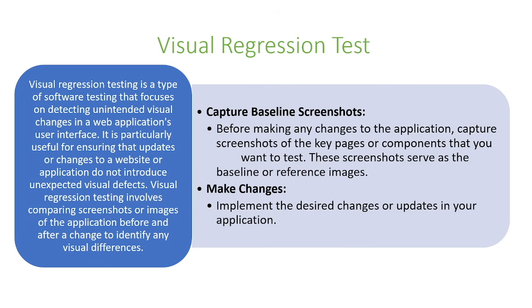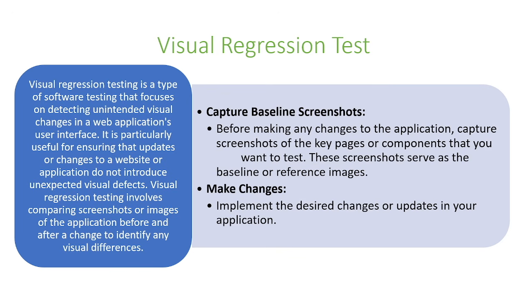Visual regression testing is a type of software testing that focuses on detecting unintended visual changes in the web application's user interface. It is particularly useful for ensuring that updates or changes to the website or application do not introduce unexpected visual defects.